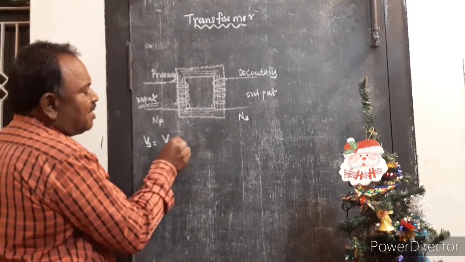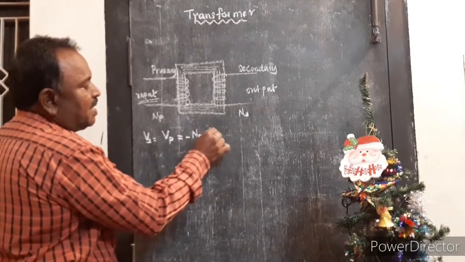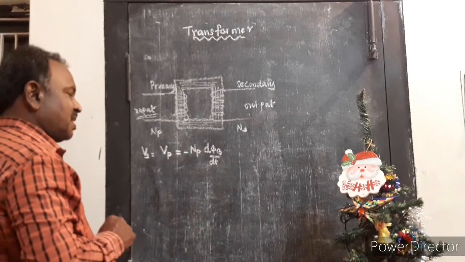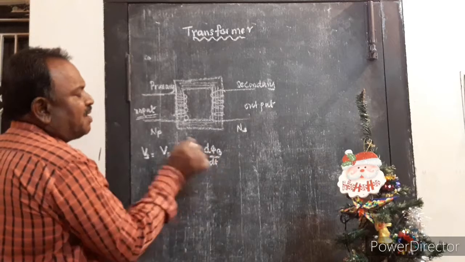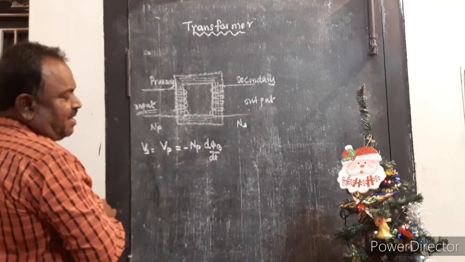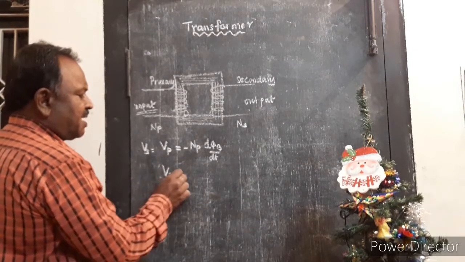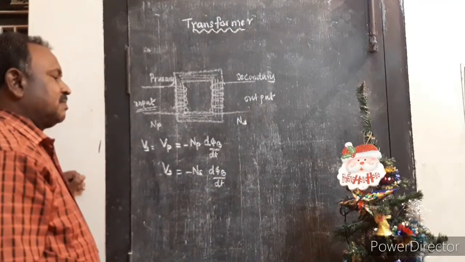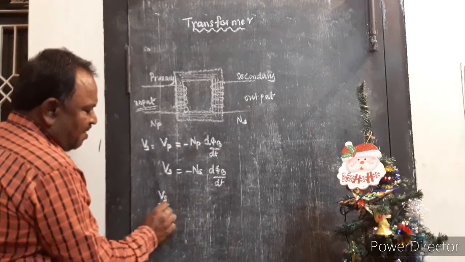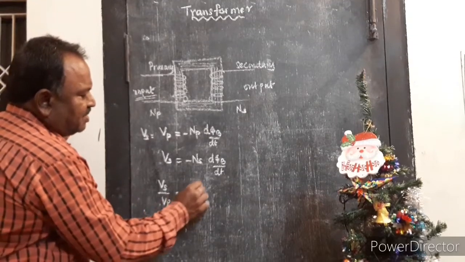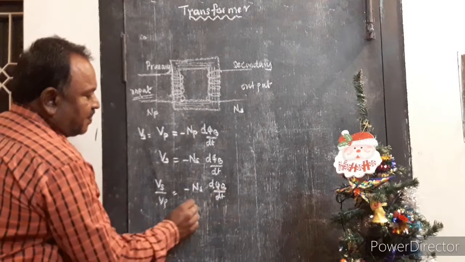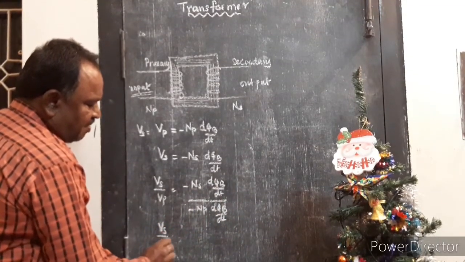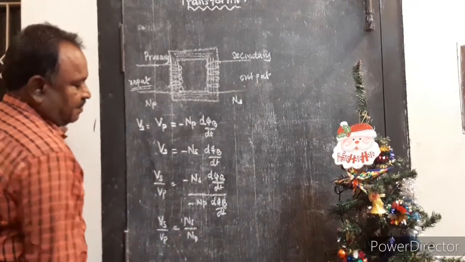According to Faraday's law of electromagnetic induction, the induced EMF in the primary coil is Vp = -Np dΦ/dt. Similarly, the same change in magnetic flux also occurs in the secondary coil, so the induced EMF in the secondary coil is Vs = -Ns dΦ/dt. Now Vs/Vp = (-Ns dΦ/dt)/(-Np dΦ/dt). This gives Vs/Vp = Ns/Np.